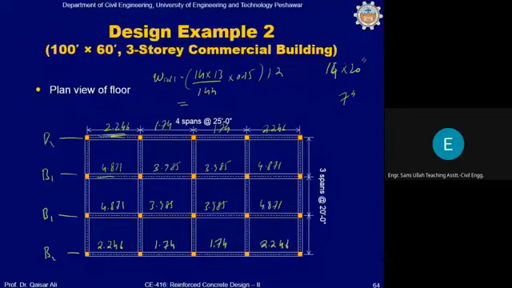Okay, calculate this, well done. What's the value? 0.2275, almost equal to 0.23 kip per foot. So you have to add this value to all these values to calculate the total load acting on these beams. Okay.